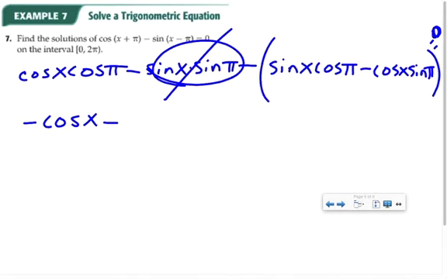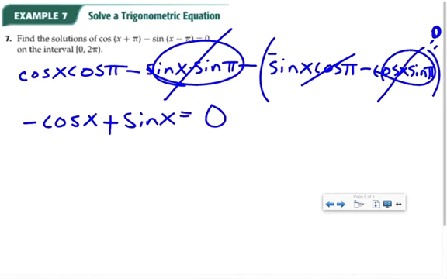Again, the cosine of pi is -1. So this becomes negative sine of x, which becomes plus sine of x. And the sine of theta again is 0, so this is gone. So this is my equation.